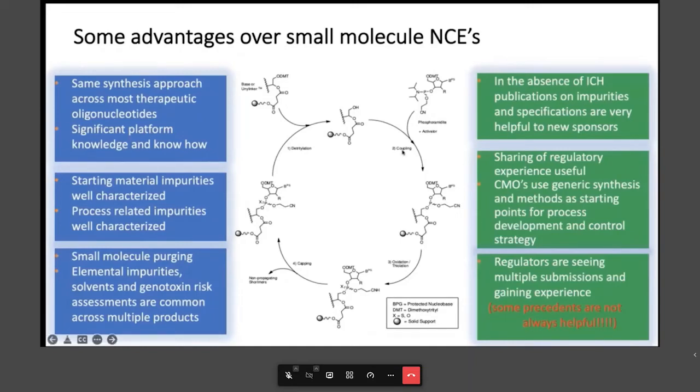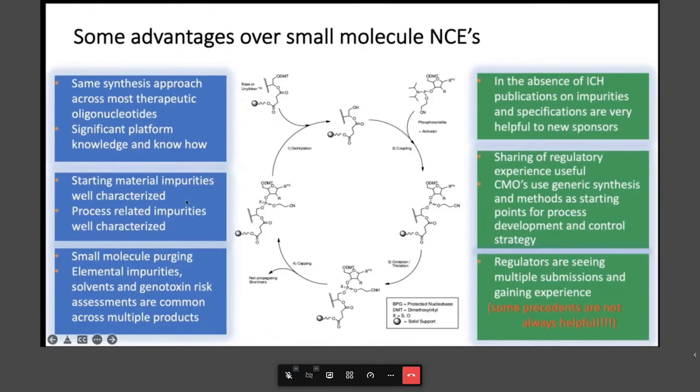However, it is not all bad news. We have some advantages. We're using pretty much the same synthetic approach across most therapeutic oligonucleotides, and have done now for a couple of decades or more, which means that we have significant platform knowledge and know-how within chemistry groups, within manufacturing groups, within CDMOs, and most importantly, in the literature.